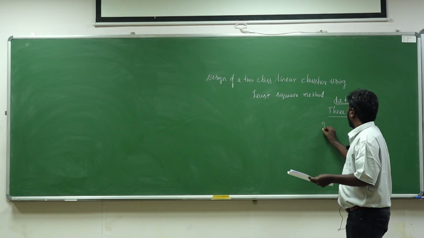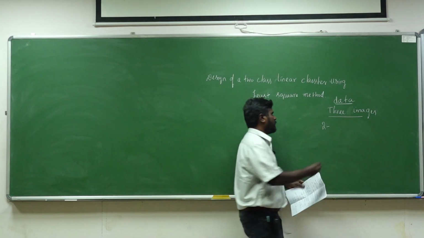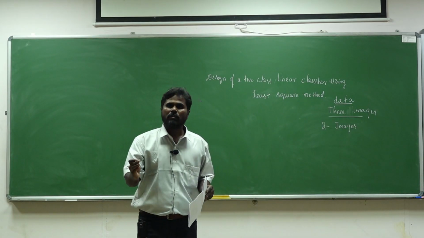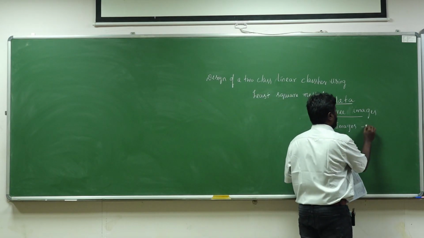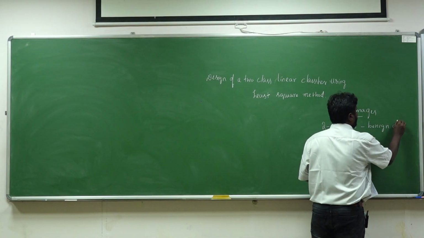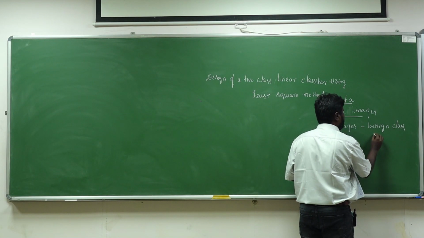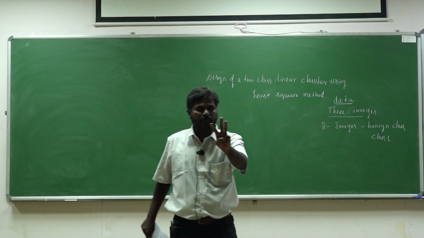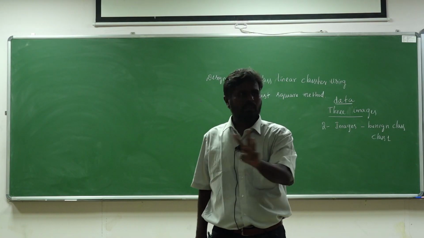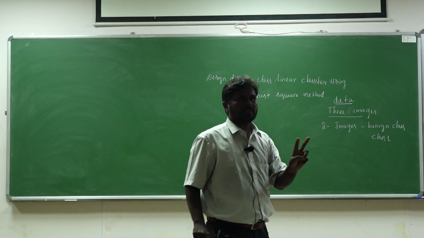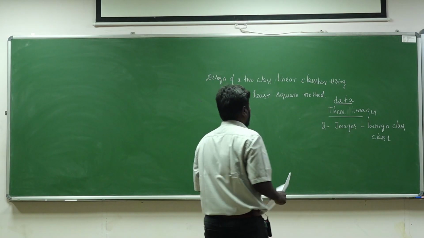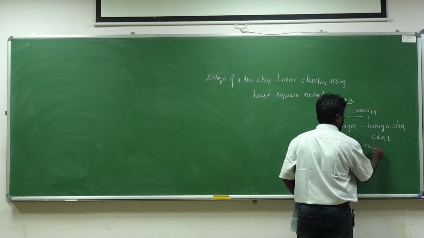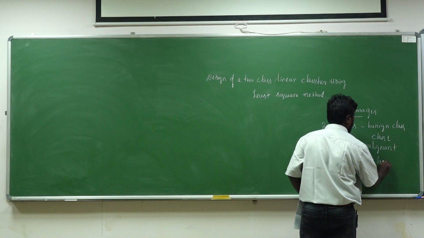Let's say you have 3 medical images. Out of 3 images, 2 images belong to the benign class, let's say class 1, and the one image belongs to malignant. Let's say that this is class 2.